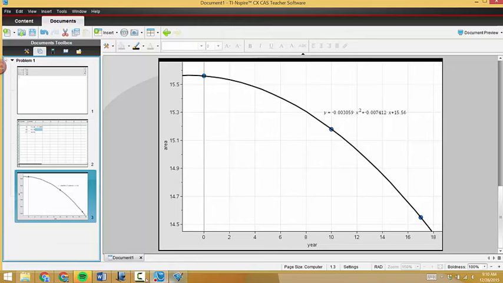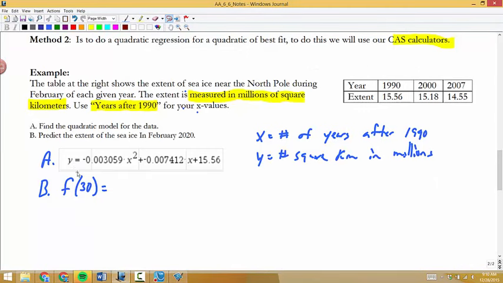So I'm going to come back to where I started, and that's the equation that I'm going to write, or I can think of that as being a function in terms of x. If this is f of x, then for part B, when it says predict the extent of the sea ice in February 2020, I'm going to plug 30 in for x in this equation.